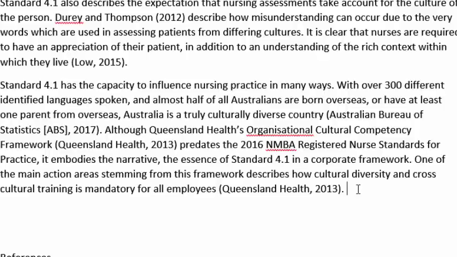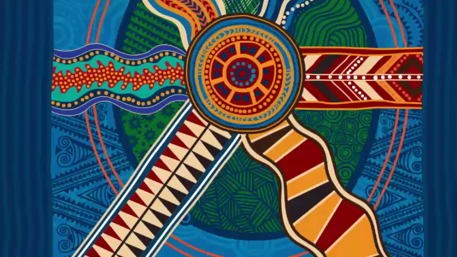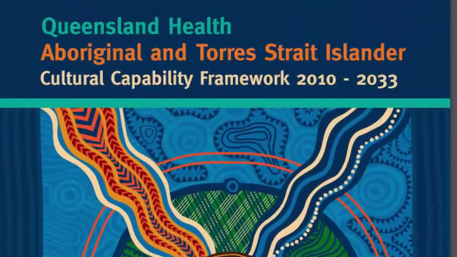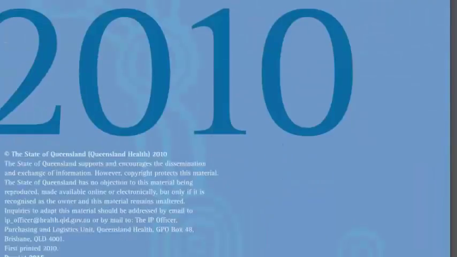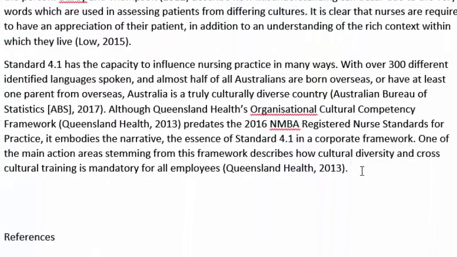And I know, having read that document, that it talks about outcomes, along with the Queensland government's own Aboriginal and Torres Strait Islander Cultural Capability Framework 2010 to 2013, which mention outcomes. So I've read this and I know it's an outcome driven system. So when I think about outcomes, I'm thinking about patient centered care, and this is where I will talk about that.